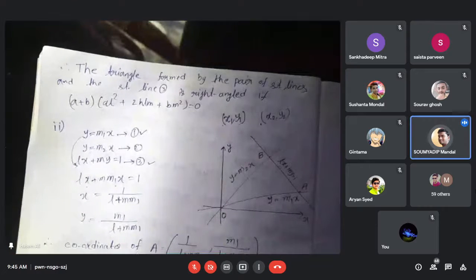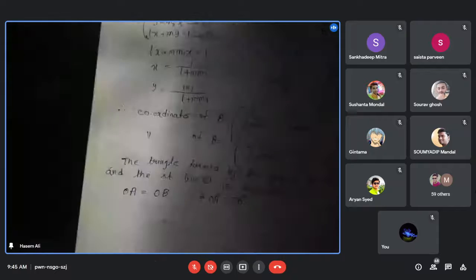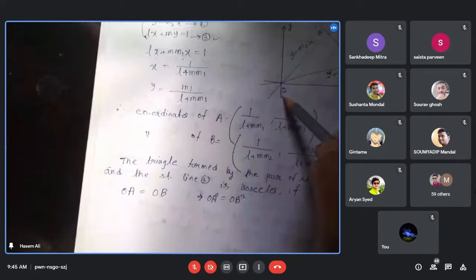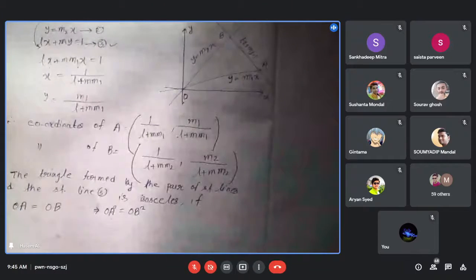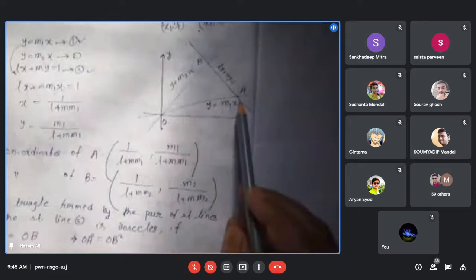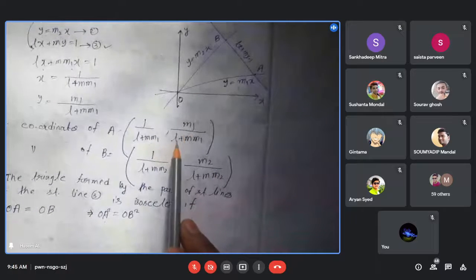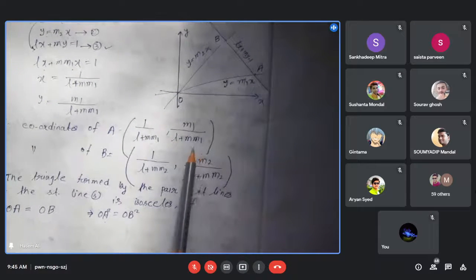But in this case there is a square, so the root is not applicable. So the coordinate of O is 0, 0, and the coordinate of A is 1 by L plus M1, M1 by L plus M1. So what will be the distance?